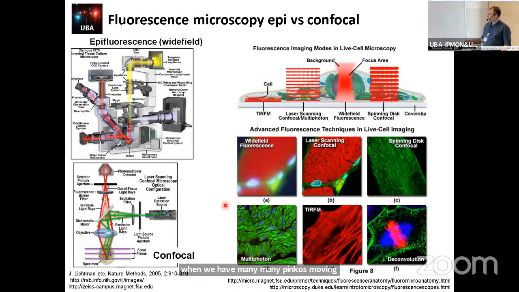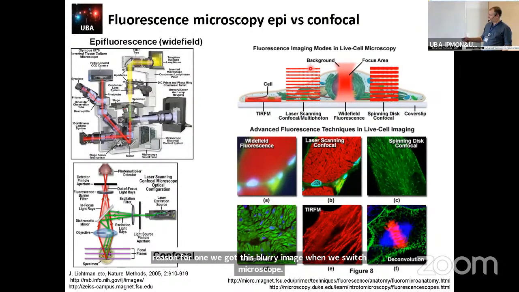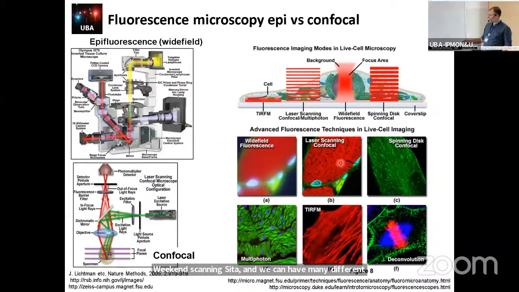With this kind of technology, we can go beyond wide field microscopy. When we focus the light on a cell in wide field, we see many different focal planes, and this is the reason why we get a blurry image. When we switch to confocal microscopy, we can scan in Z and have many different focal planes, and the image is crisper.